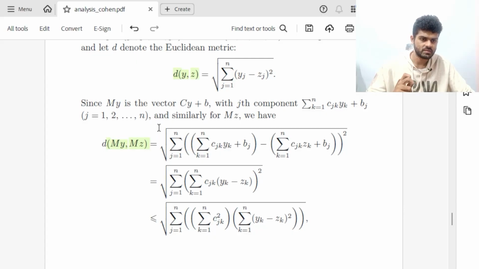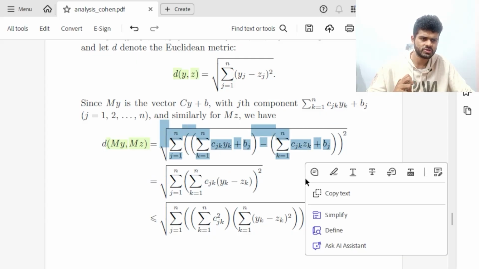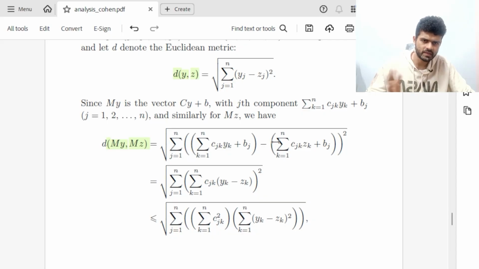You just apply the Euclidean metric, the square root of the summation of the jth term of My minus the jth term of Mz. My is a vector in Rn, and Mz is also a vector in Rn, so you just take the jth term.